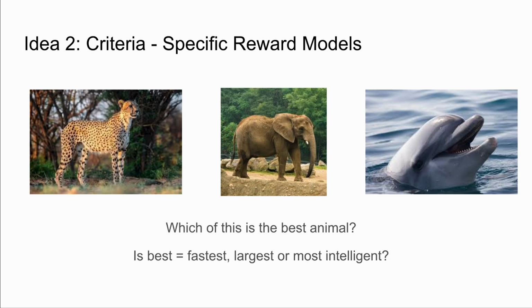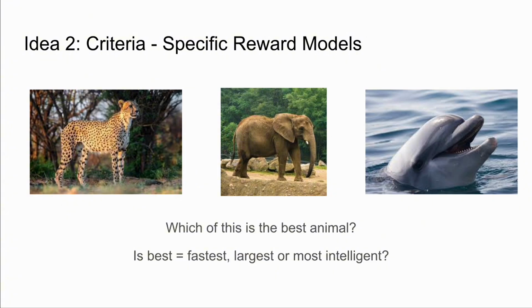The other idea that I think will be common for RMs in time to come is that rather than just training on a generally helpful or generally harmless model, we will move towards more criteria-specific reward models. I just want to give an analogy, right? Here we have 3 animals: a cheetah, an elephant, and a dolphin. If I were to ask people what exactly is the best animal, I think different people will disagree, right?